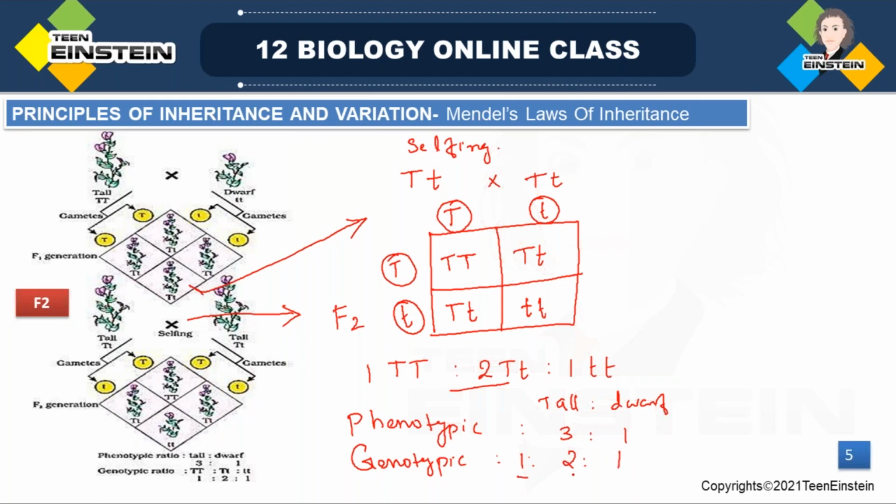In this, these are homozygous, this one and this one. One is homozygous tall and another one is homozygous dwarf. And these two are heterozygous, but they are tall because one dominant allele is present, so it will express the character tall, but it is a heterozygous condition. Got it?